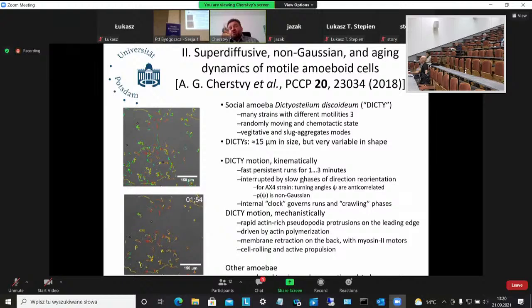So the cells grow and advance in front of them due to active polymerization of these pseudopodia protrusions, while on the back of the cells, due to depolymerization of actin, the cell repels from the surface. And this rolling motion of the cell is how the cell propagates for these amoeba cells, as well as for a number of other propulsive cells.